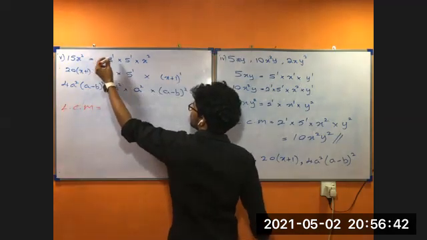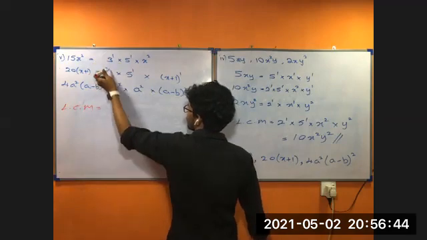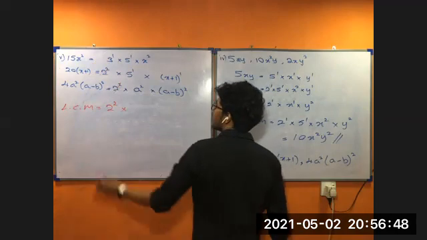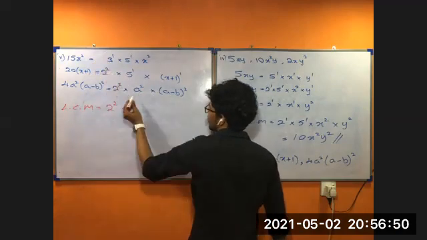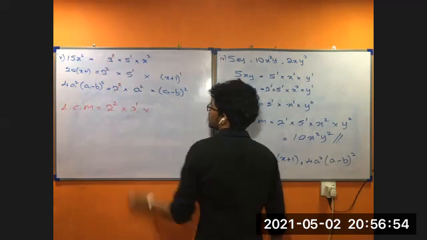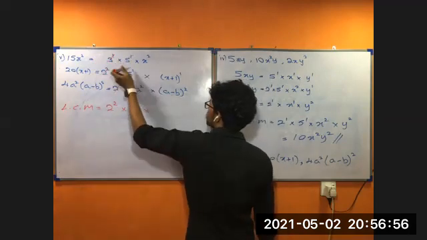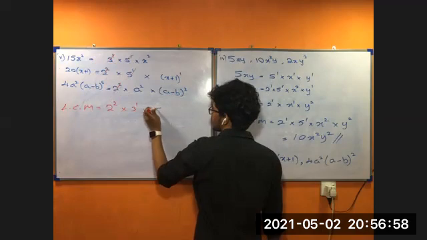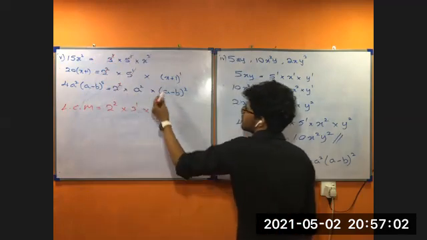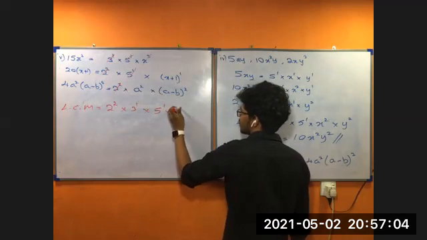highest power of 2. Highest power of 2 is 2 to the power 2. So 2 to the power 2 multiplied by highest power of 3. Here we don't have 3. It is going to be 3 to the power 1 multiplied by highest power of 5, 1, right? So 5 to the power 1 multiplied by highest power of x. We don't have x here, so it is going to be x squared.